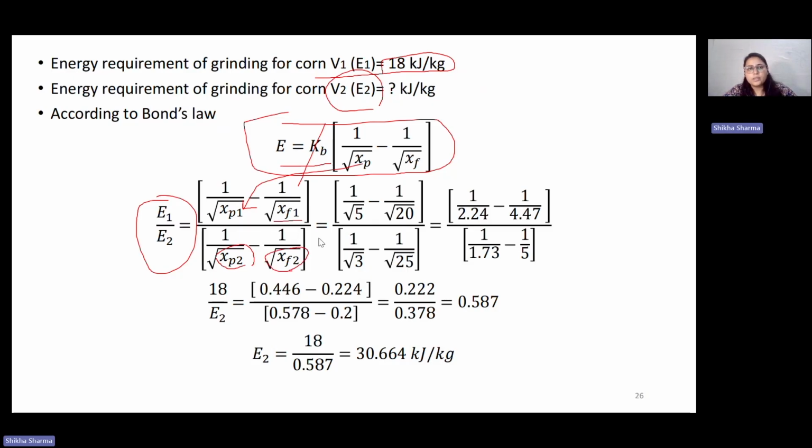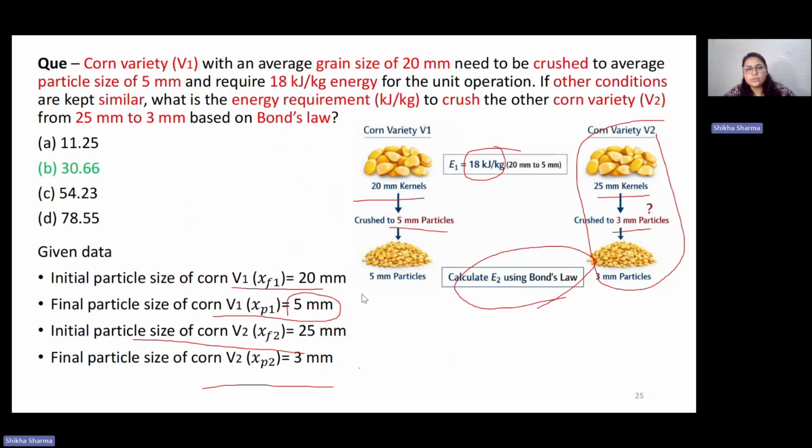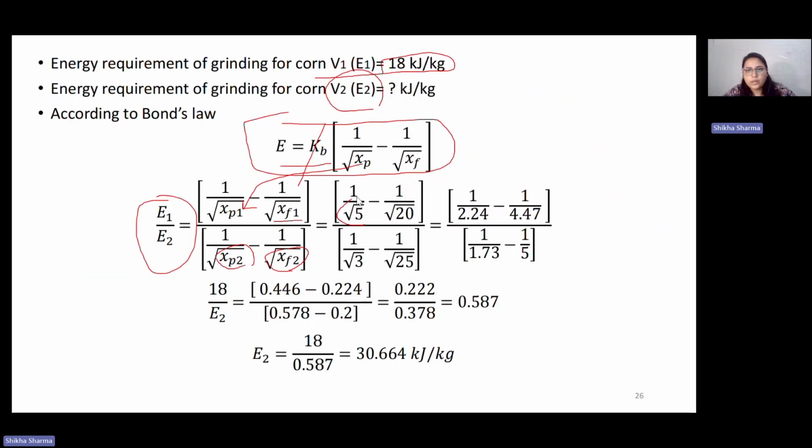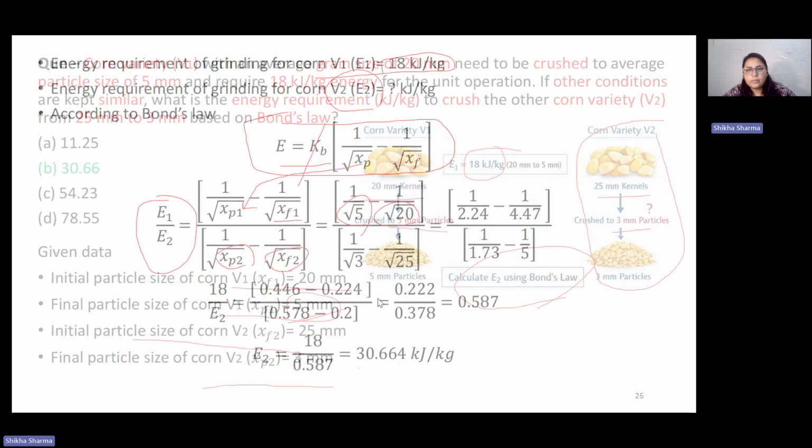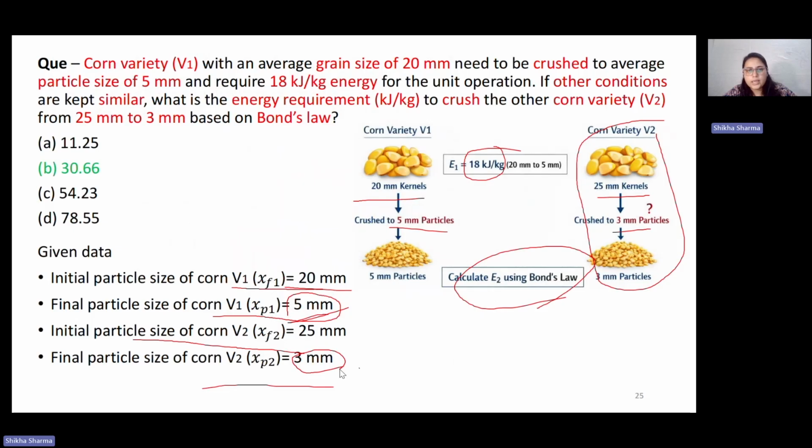These values are given already: xp1, the product dimension for variety 1, is 5, and for feed it's 20. So 1 upon under root 5 minus 1 upon under root 20, divided by xp2, which is 3, and xf2 is 25.